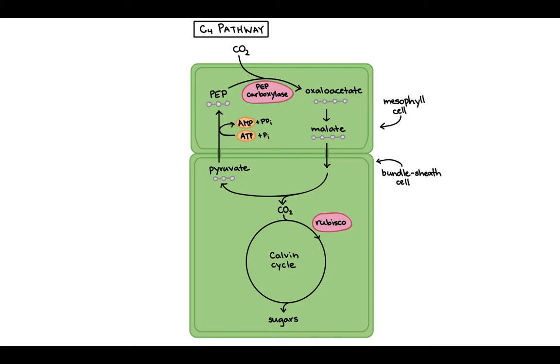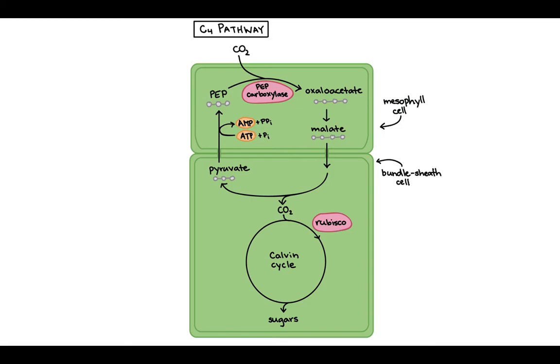That malate is then transferred into a lower down cell called a bundle sheath cell, where 3 malate molecules will give up 3 carbon dioxides, and then you have the normal Calvin cycle starting down there. Each malate, then having given up a carbon dioxide, is degraded into our old friend pyruvate.